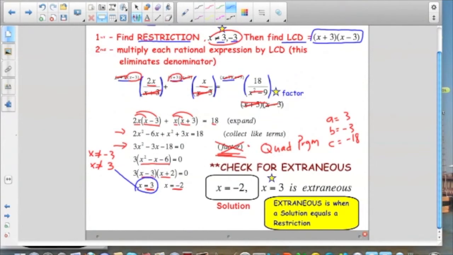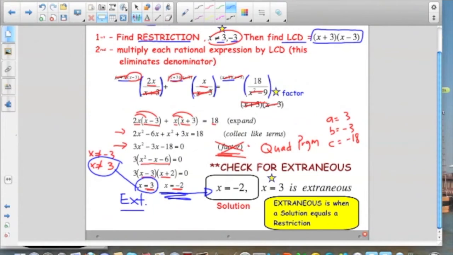It matches a restriction. In math, we call that extraneous. It doesn't happen. It will not be a solution. So our only solution is that, and that goes into the solution box or your answer box. You've got to let me know EXT beside that, because if you don't, you'll lose a half a mark.